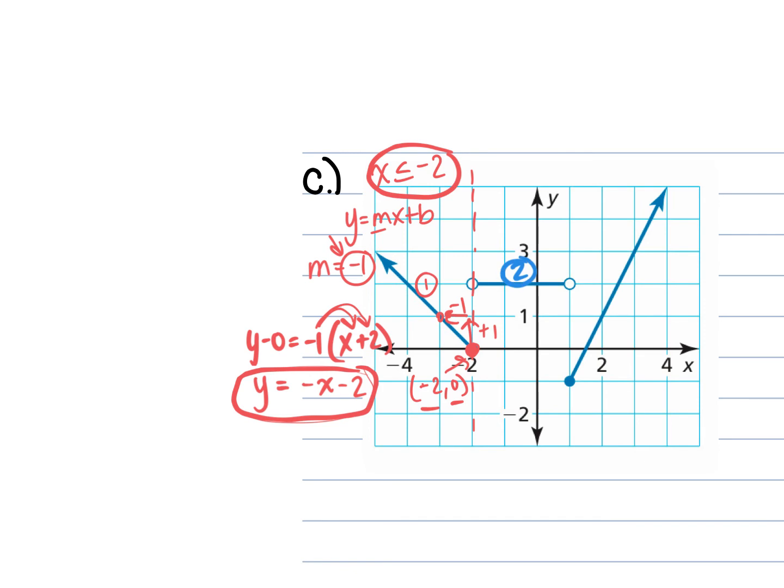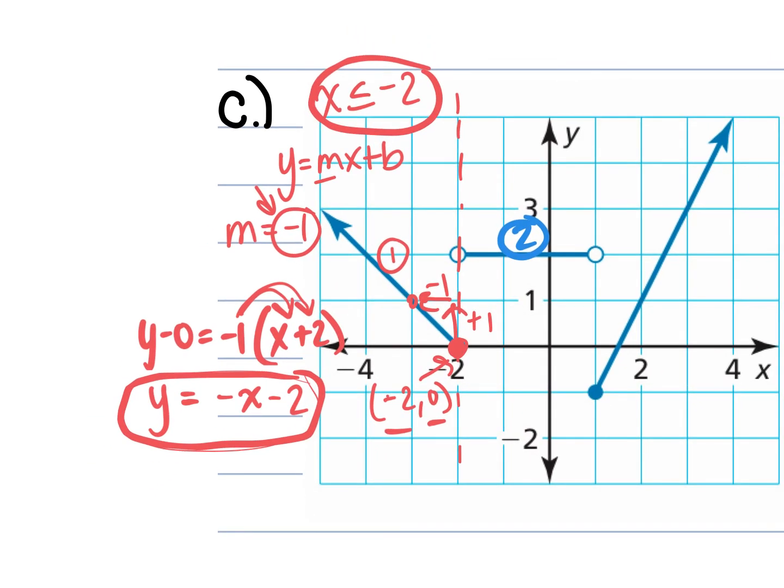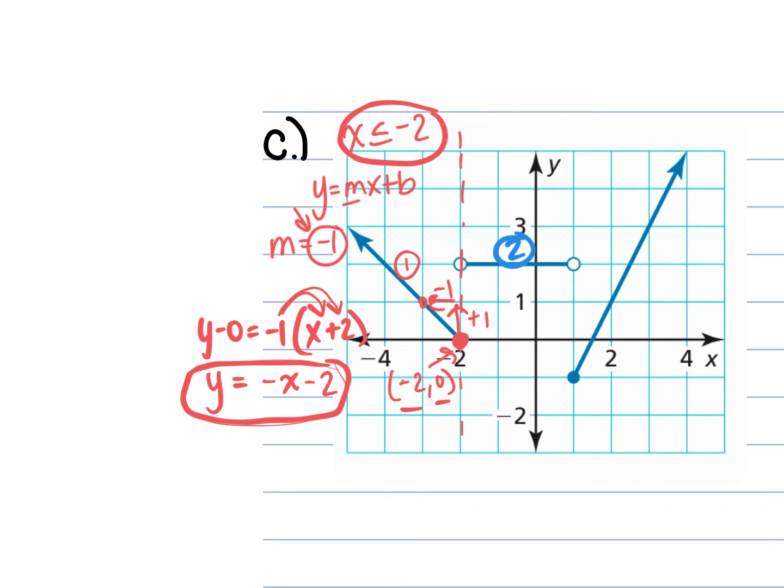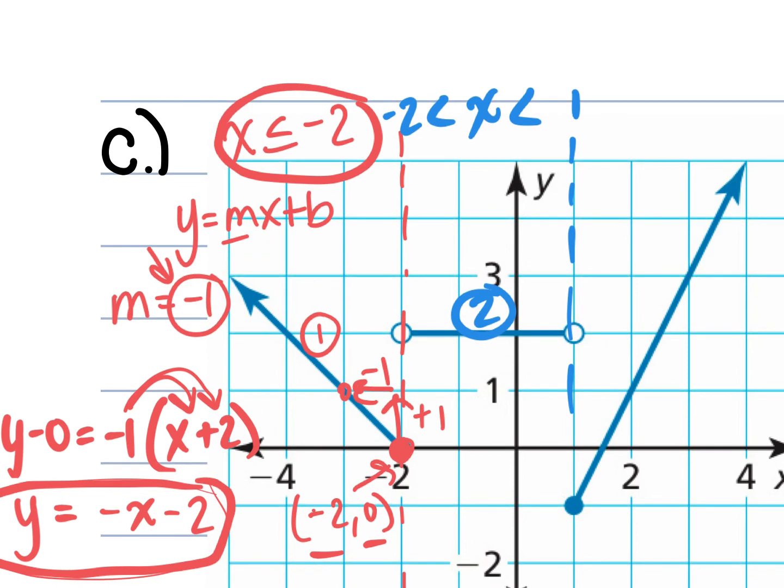These are easy whenever they're horizontal lines because you know it must be in the form y equals some constant. So I see it's starting from negative 2 and it's going to 1. So x must be greater than negative 2 and it must be less than 1. These are my bounds on x.